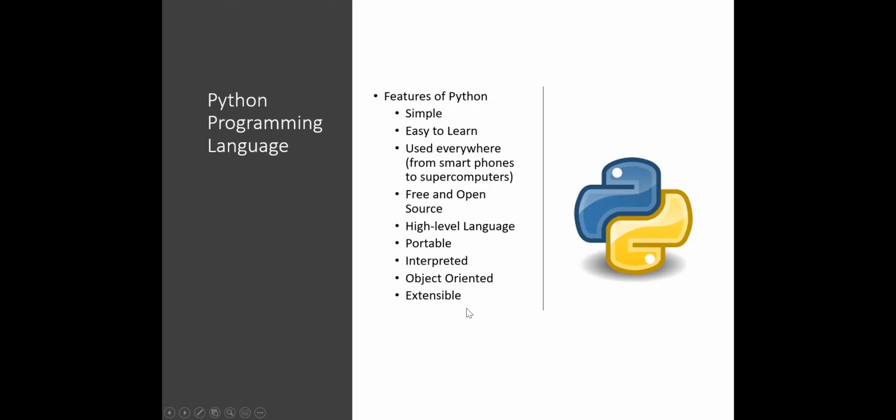It's extensible, which means if you do not see a feature in Python, you can extend it using a language like C. It's also embeddable with other programming languages, right? For example, in C there's a version called Cython, where you can actually embed code.